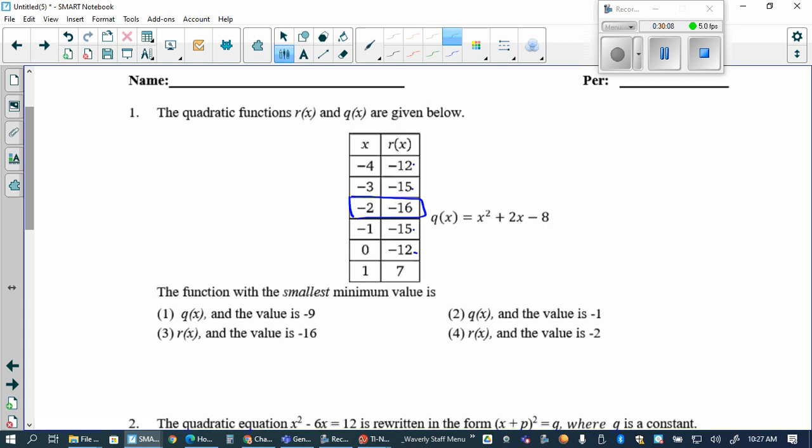That's not the value, that's the input. What's the minimum value of this function? Negative 16 is the minimum. Okay, that's the vertex, right? Well, what's the minimum value of the other one they gave us? Negative 8? No, it's not. So the vertex is negative 8? No, it's not.